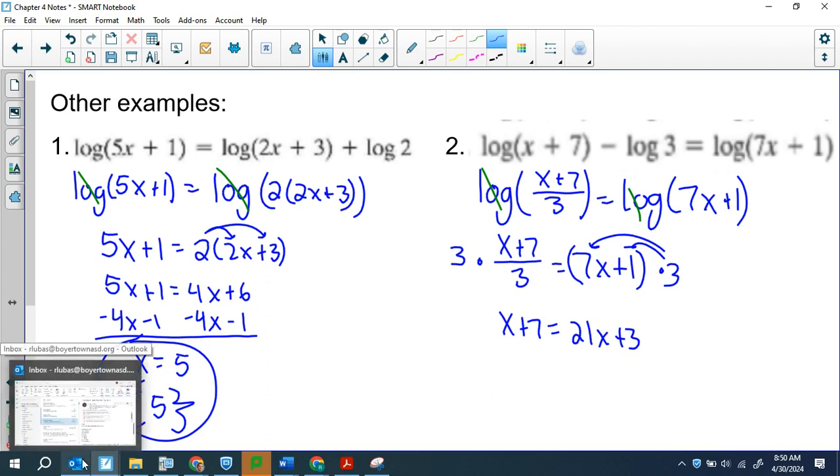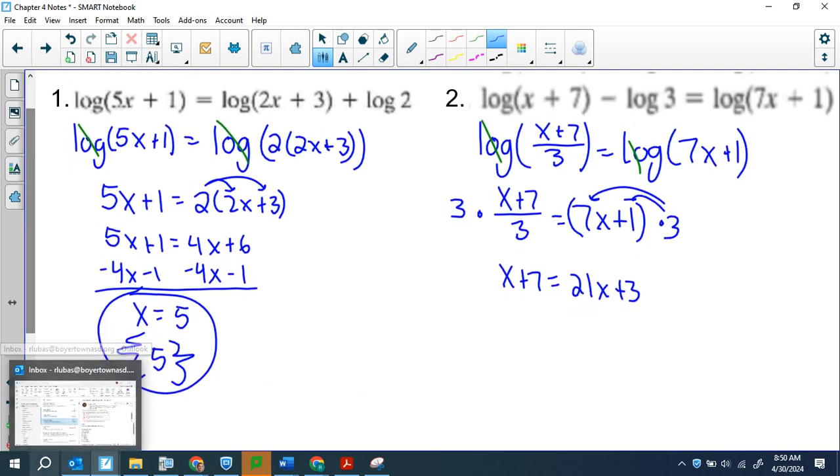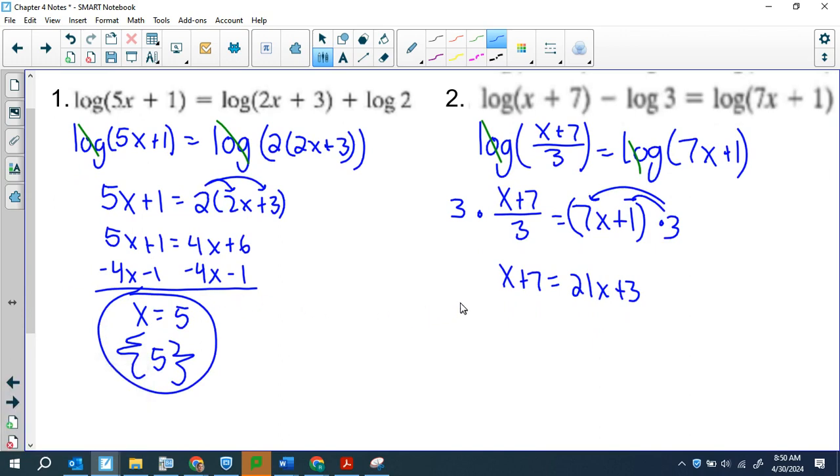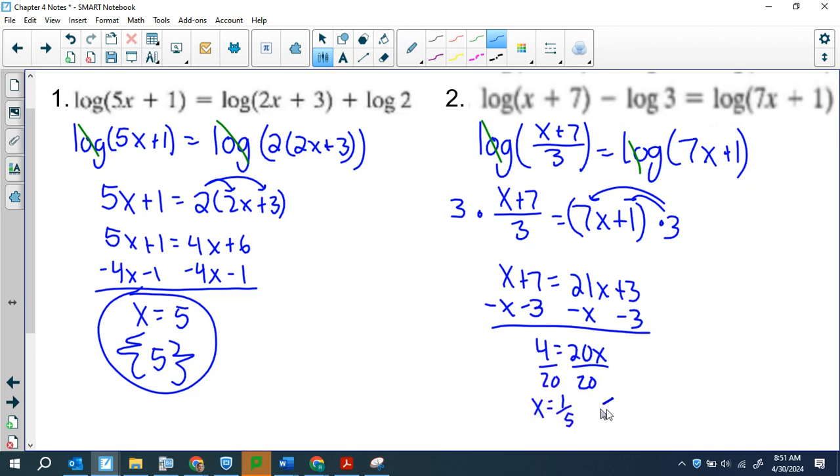Oops. And now we can just get all the x's on one side and the numbers on the other. So I'll subtract x and subtract 3. So we get 4 equals 20x, and we divide by 20, so we'll get x equals 1/5. That's our answer.